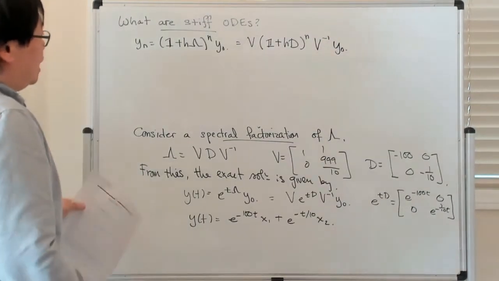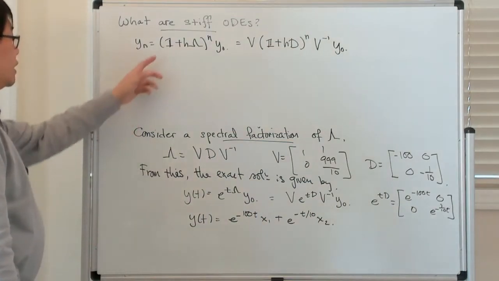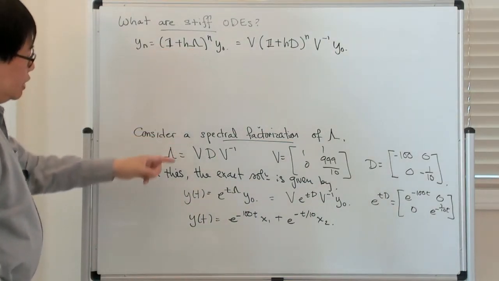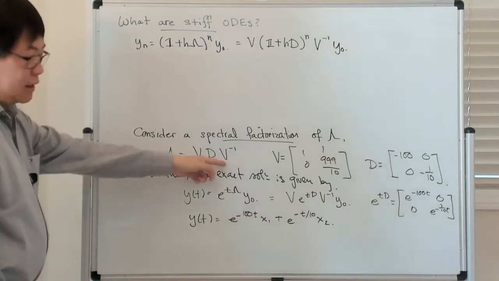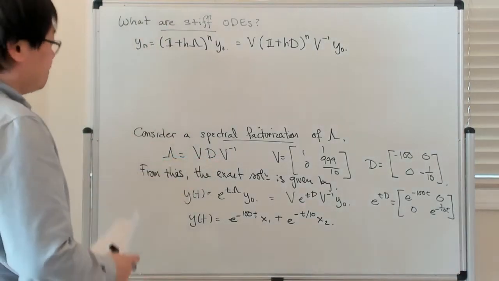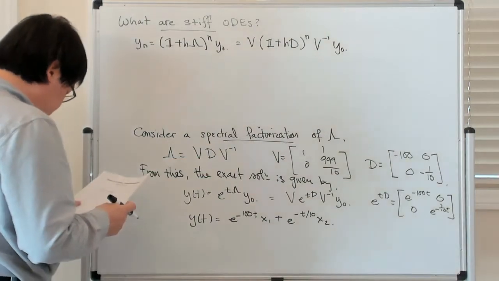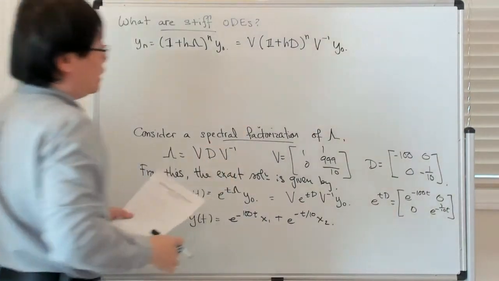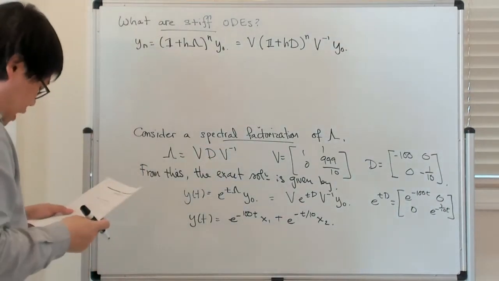More or less, the reason you can do this is because both the identity and lambda are simultaneously diagonalizable, by this V transformation. Okay, all right. So let's look at this 1 plus hD to the nth power term.